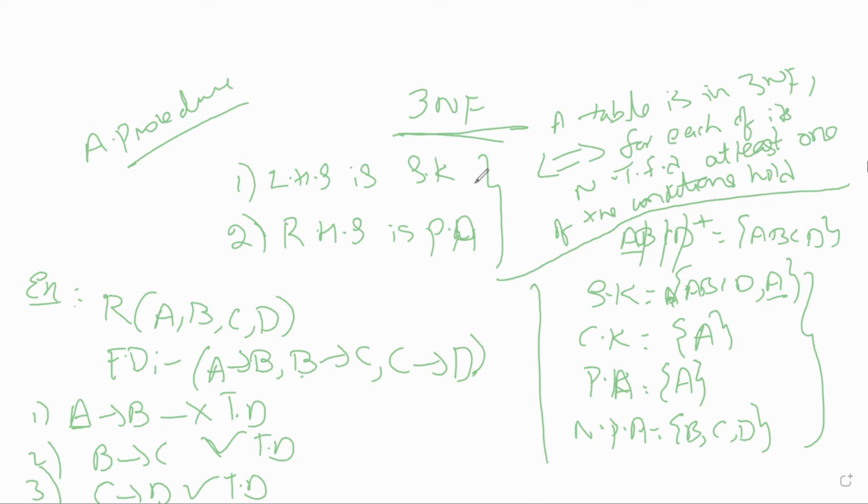Right? So that also we have to check, because we are going to check for non-trivial functional dependencies. If it is a trivial functional dependency, then don't bother about it. At first you have to check whether each FD is non-trivial or not. So what is the non-trivial functional dependency property?